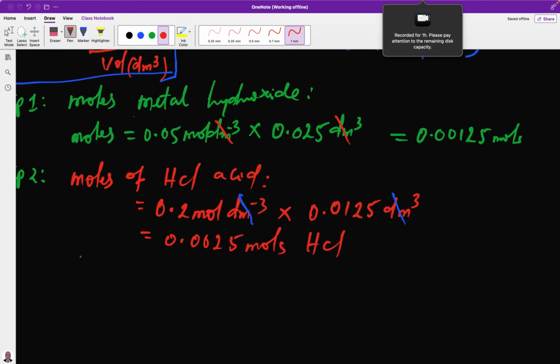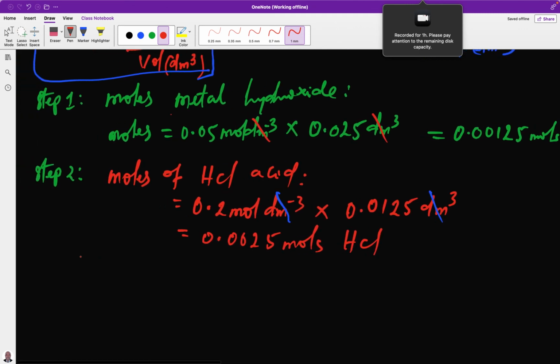Now the next step is step number 3. Step 3 will be the mole ratio. Let's look at the mole ratio.